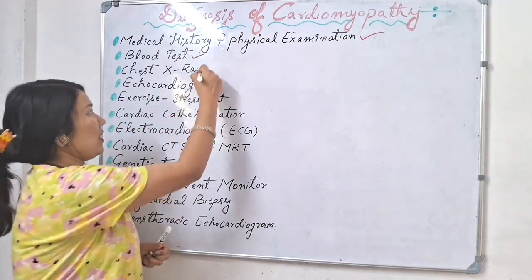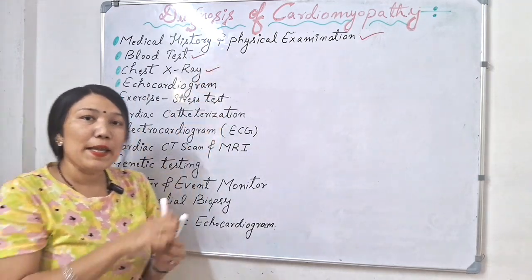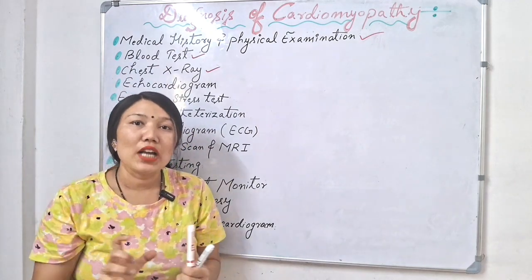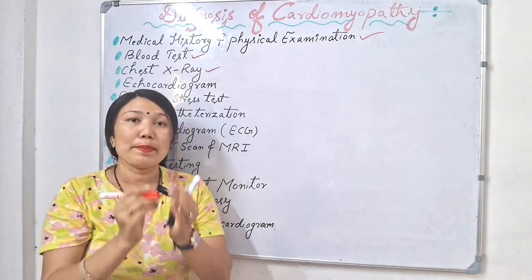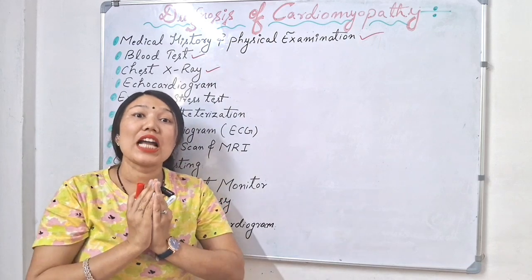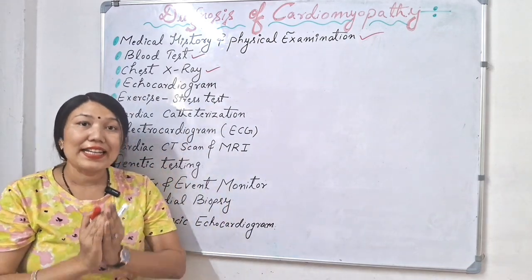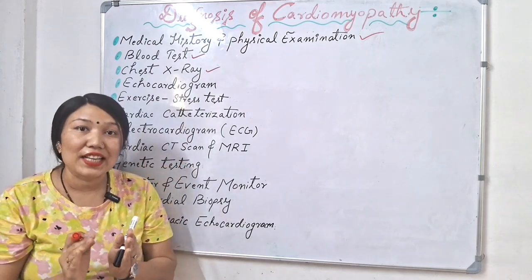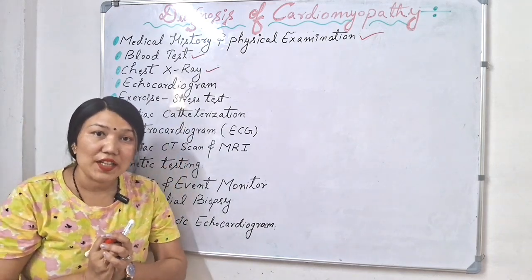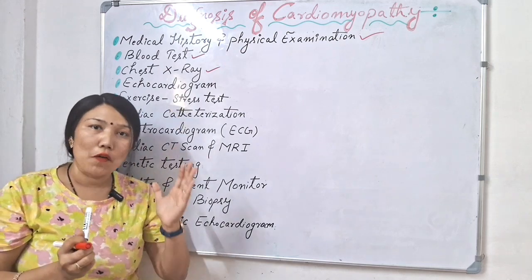Next we have chest x-ray. So chest x-ray will give a complete clear-cut image of the heart. If the heart chambers are dilated, if there is cardiomegaly, meaning enlargement of heart chambers, then that can be shown in the chest x-ray clearly. And by the chest x-ray, we can also check the condition of our lungs.